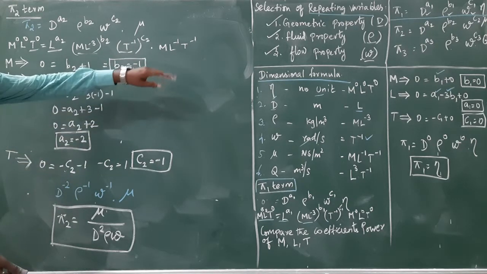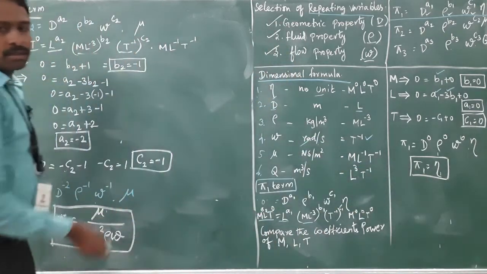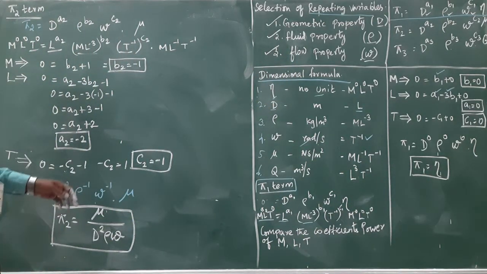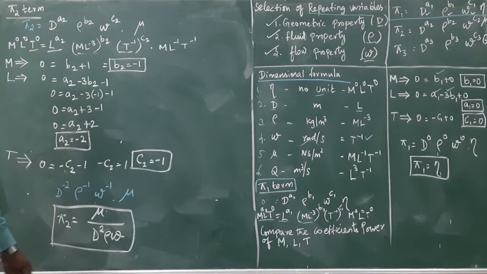Here we found the values for pi 1 term as well as pi 2 term. Similarly, we need to find out the value for pi 3 term, because in this problem we have 3 pi terms.